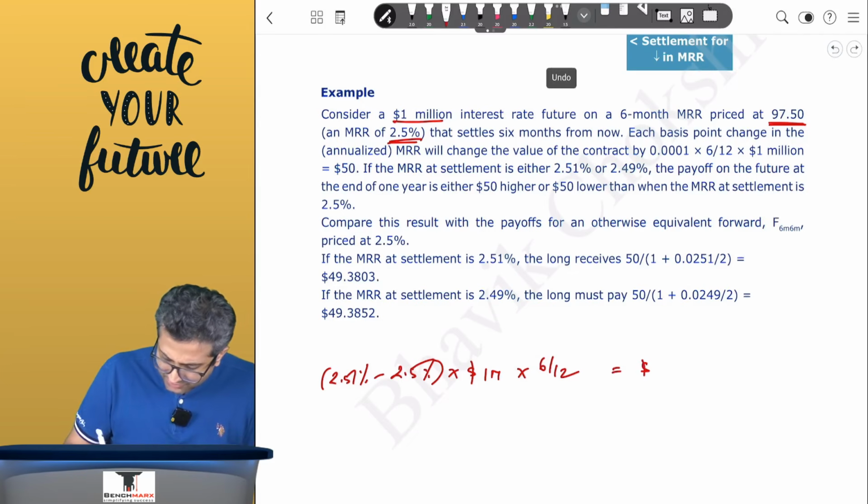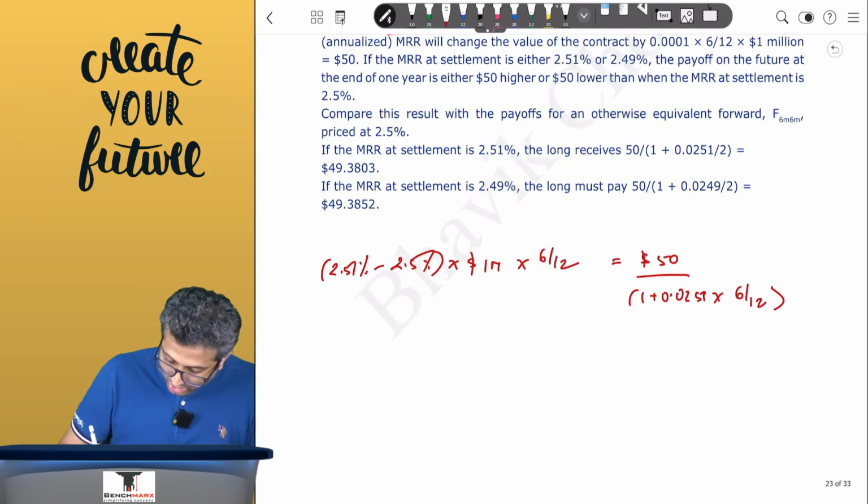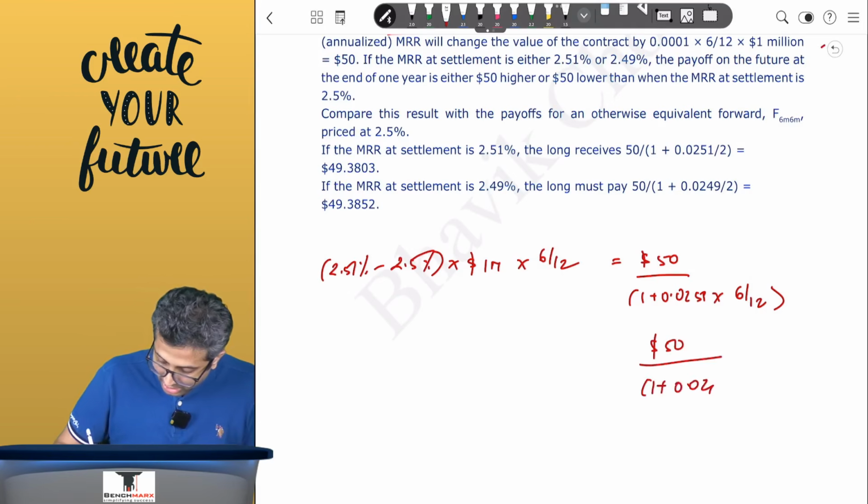But this $50, if the rate in the market is 2.51, will be divided by 1 plus 0.0251 into 6 by 12. But on the contrary, if the rate is, for example, 2.49, this will be divided by 1 plus 0.0249 into 6 by 12.